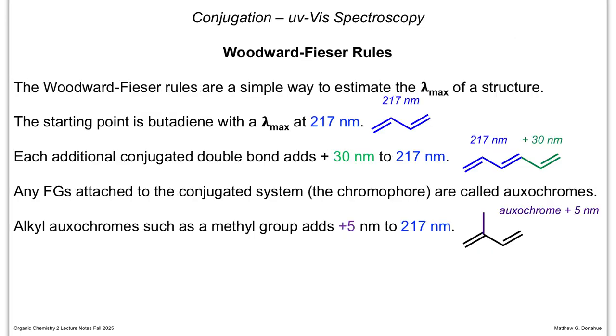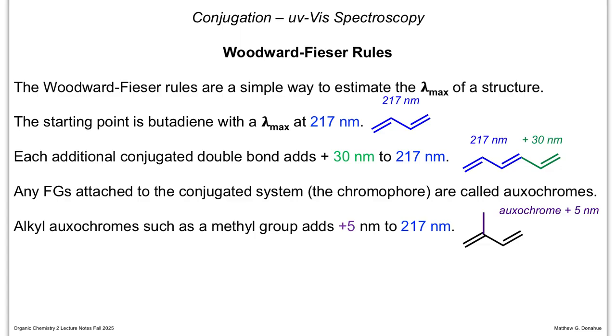So if you're given a molecule that's conjugated, how can you estimate where you would see the lambda max value? The starting point, as I said, is the butadiene. And that's given a value of 217. And basically now we're just going to start saying, what does each kind of substitution do to that value?